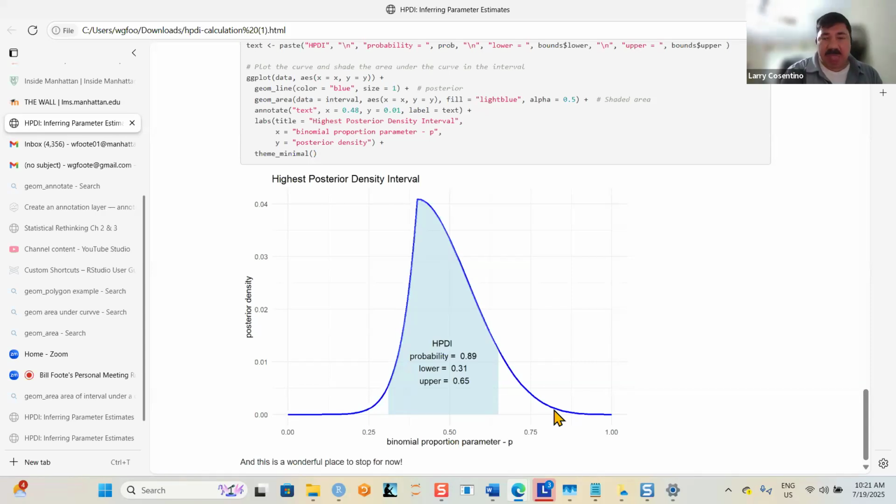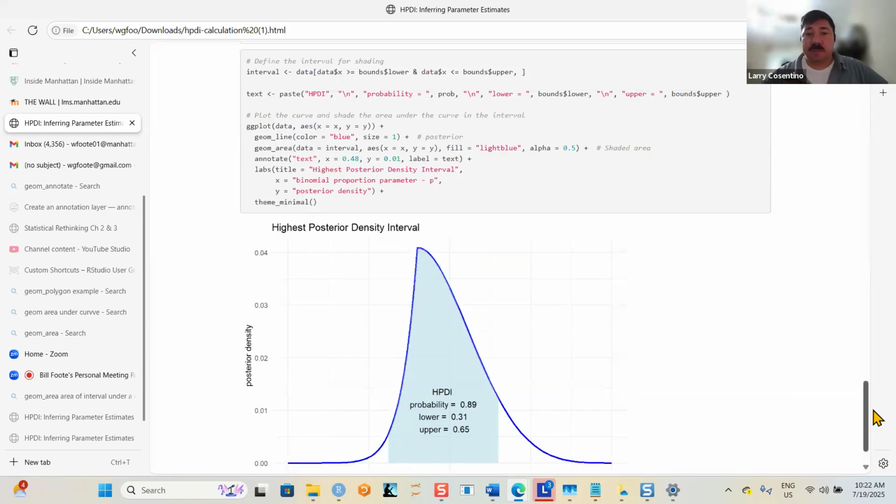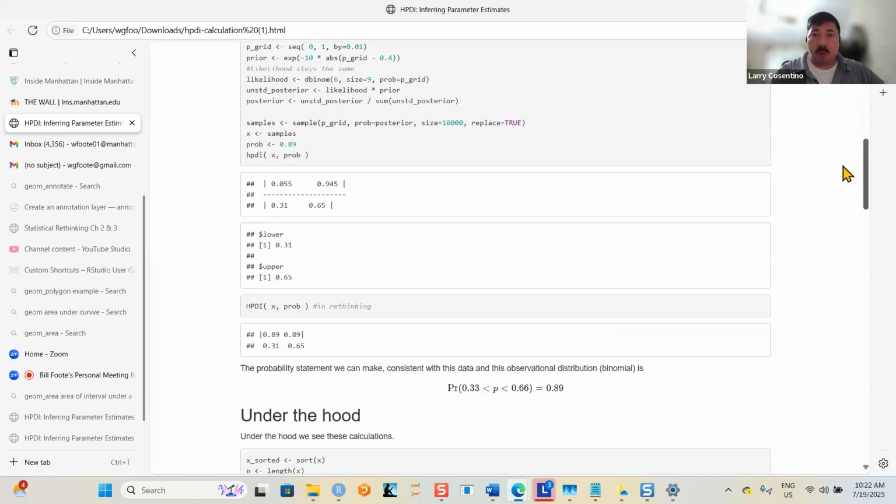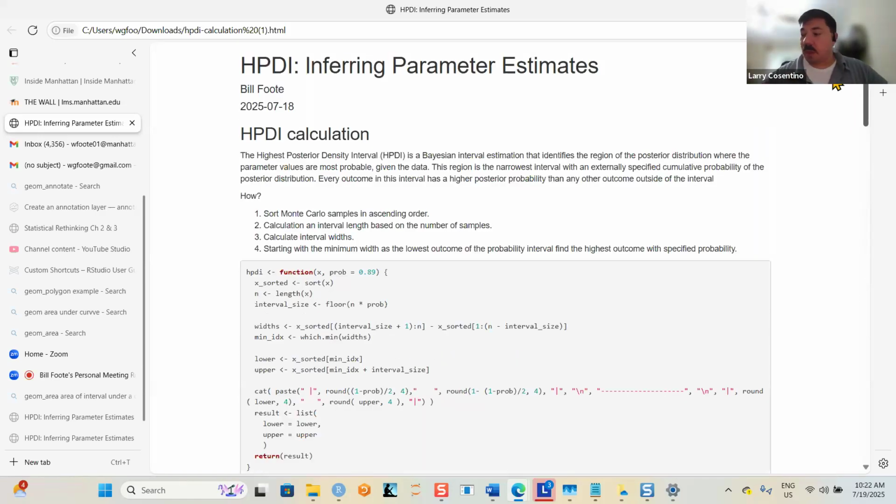That's actually what we're putting into this analysis. Bill, I think you're frozen. Now I don't hear you. You're still frozen. I can hear you fine and I can see your mouse moving, but your camera is not doing anything. So you can't see that I just moved the HPDI up.